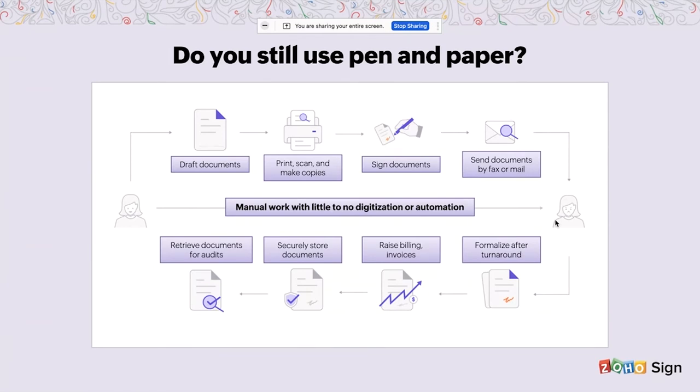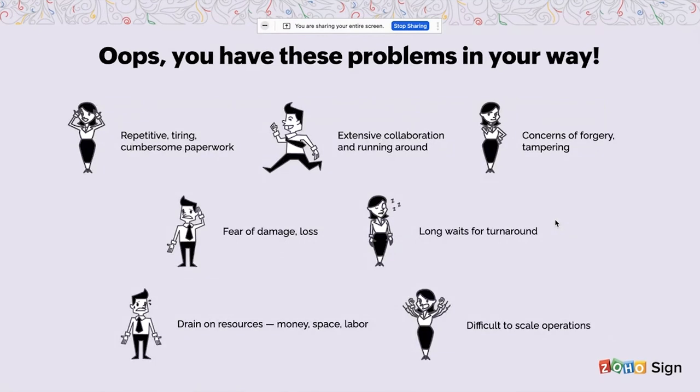This obviously is going to invite many problems your way. For example, let's say if an employee made any mistake in the process, they'll have to redo all paperwork and start the process over again, which is incredibly tedious and just wastes time. This traditional process also involves extensive collaboration and sending documents back and forth.